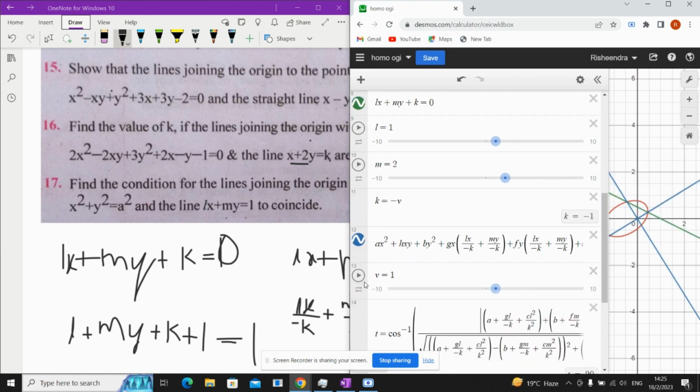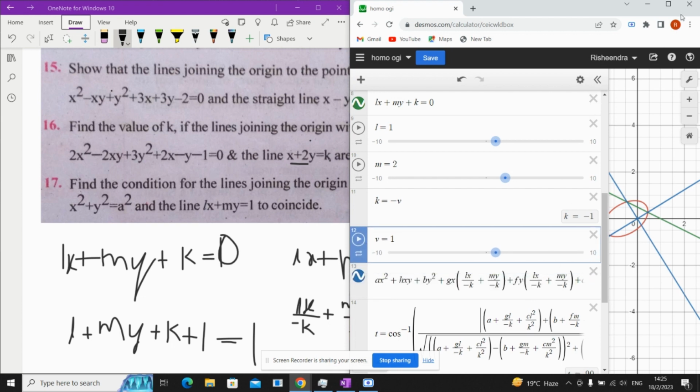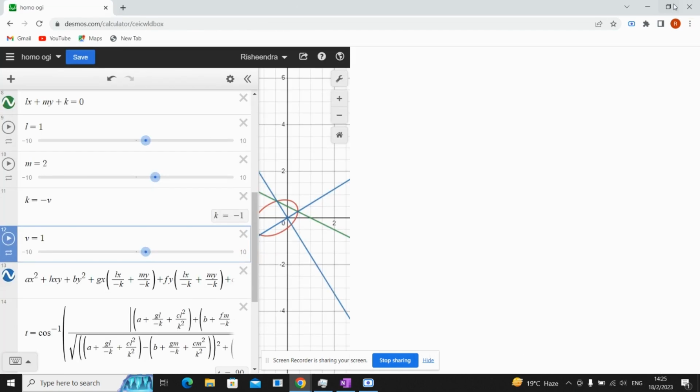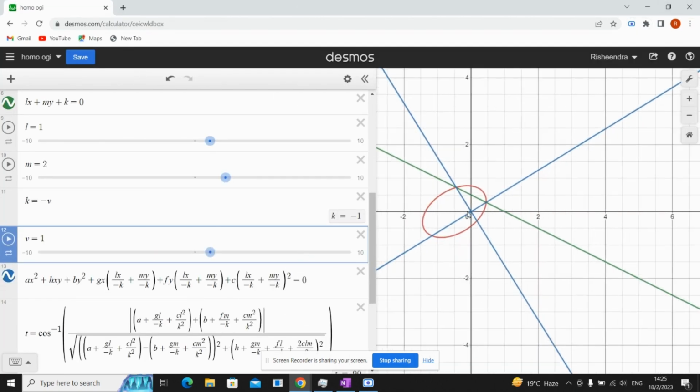Okay, just look at this function. Okay, let's see how we're gonna tackle this problem.